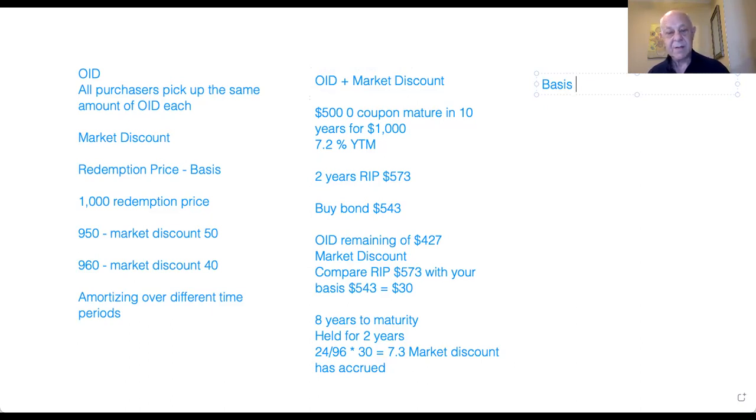So our basis in the bond is the 543 plus 75 equals 618. And we now sell the bond, so our amount realized is 630. So now we have a gain of $12. Well, how much was the accrued market discount?